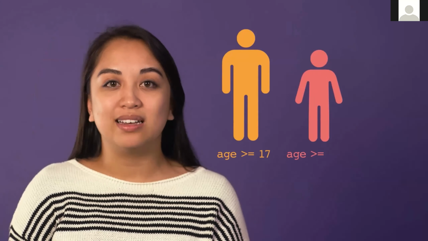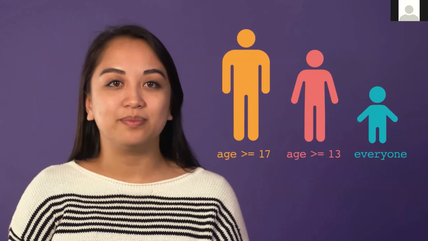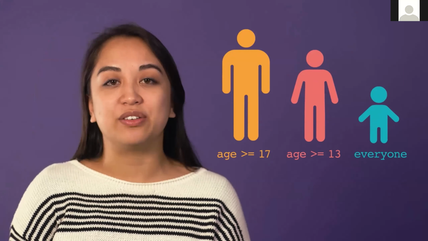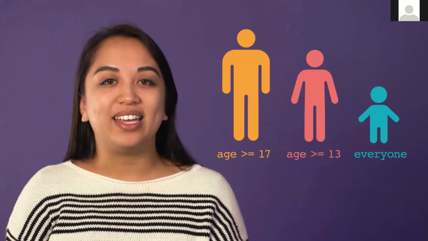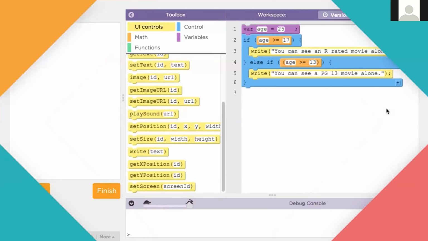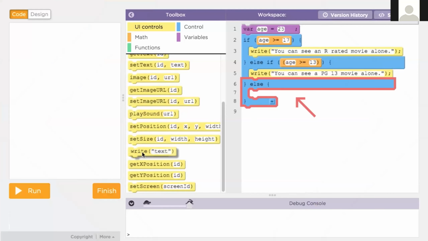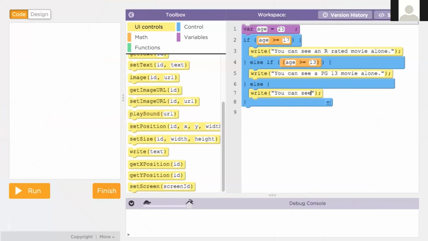Sometimes the decisions you will want your program to make have more than two possible outcomes. Let's continue our movie rating example, where we want to check whether the highest rating you can go see alone is an R-rated movie, a PG-13 movie, or just a G-rated movie. To check between these three different cases, we can add an else if statement. An else if statement is another condition that a program checks only if the previous if statements were false.